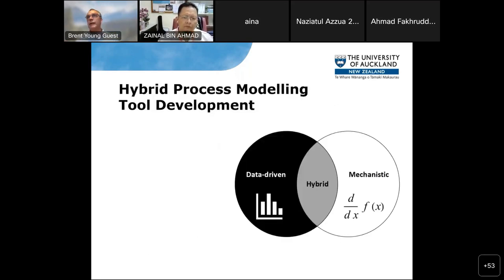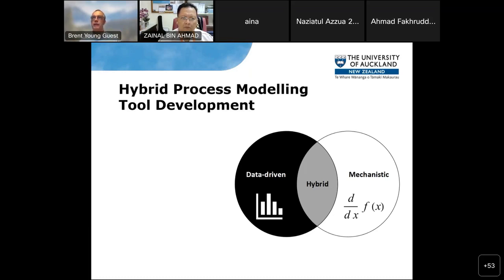So back on track, developing tools that can manage the data in these sort of systems. One thing about these, when you get into modeling and control of process plants, is that you have parts of the plant that you can model mechanistically, and parts of the plant where you have lots of data, but no model.